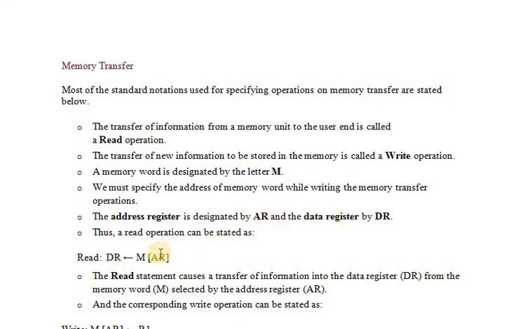So AR indicates the memory word. What is the read operation? The transfer of information from a memory unit to the user end is called the read operation. So this is from the address register, that is from the memory unit, to the data register, that you call a read operation.